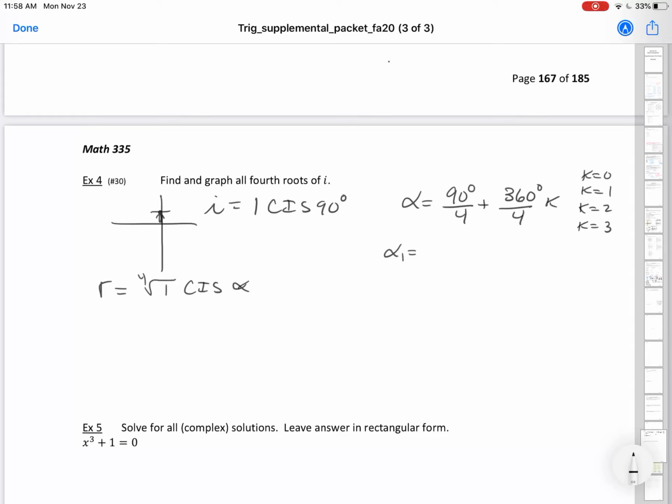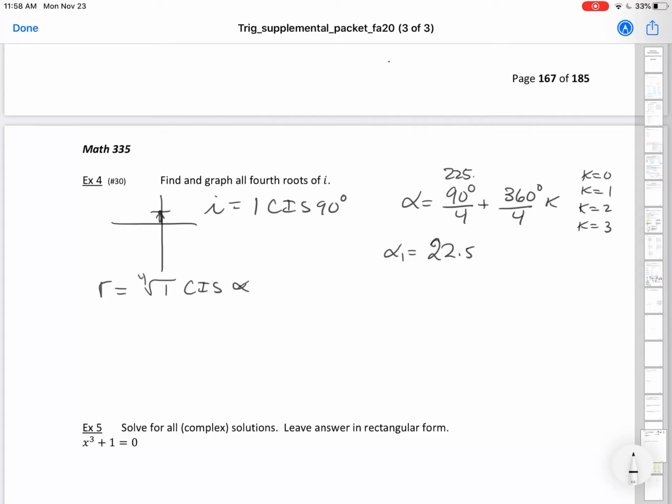The first angle is going to be 90 degrees divided by 4. So it says find and graph all those roots. And here, 90 divided by 4 is going to be 45 divided by 2, so 22.5 degrees.